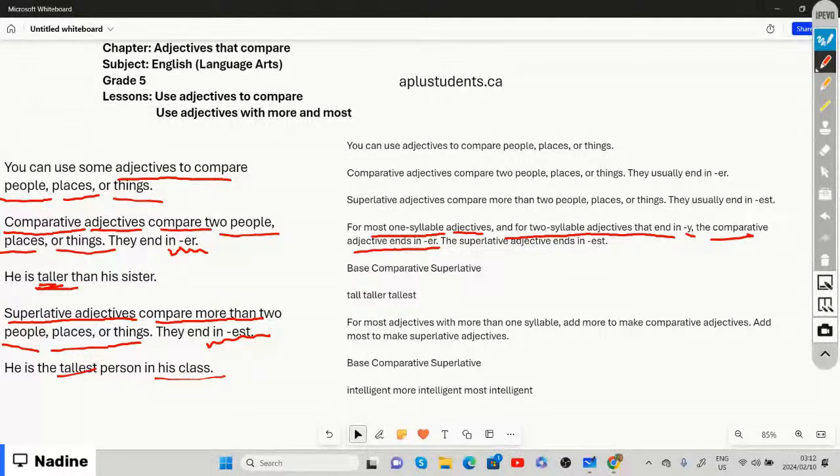And then we have our base word, we have our comparative word, and we have our superlative word.